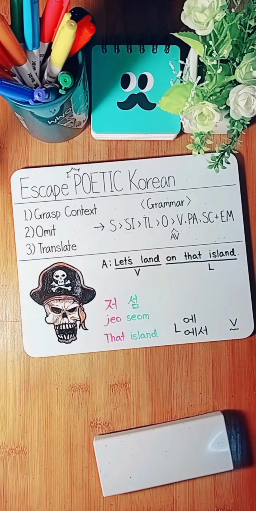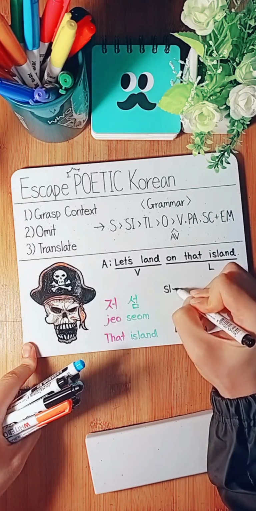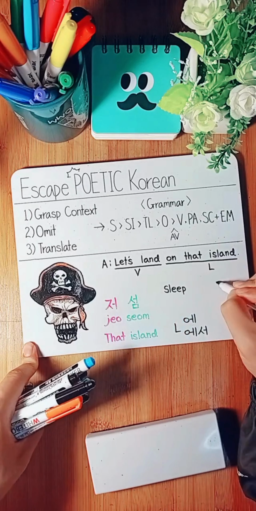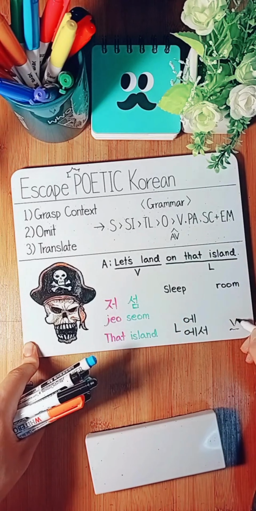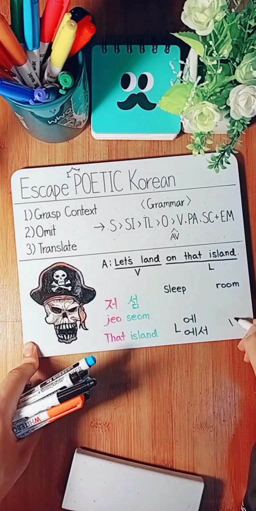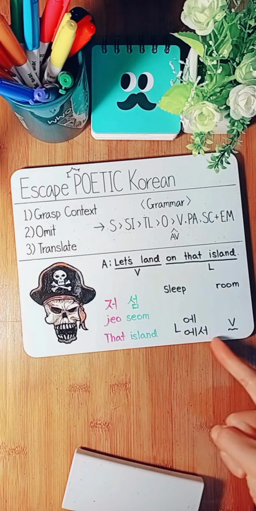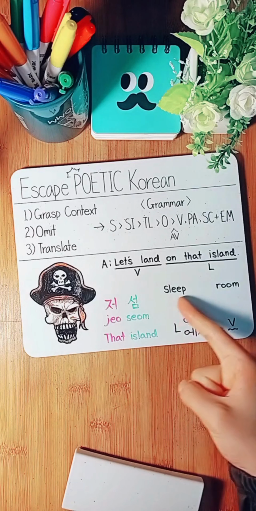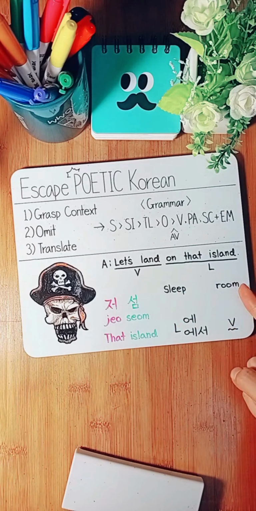I sleep in this room. In that case, I do have a verb and I do have a location, room, and there's in, on, at in English. However, in this case, I'm going to use 에서, because is sleeping the means that I used to get to the room?